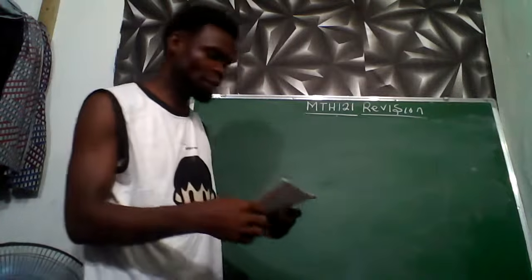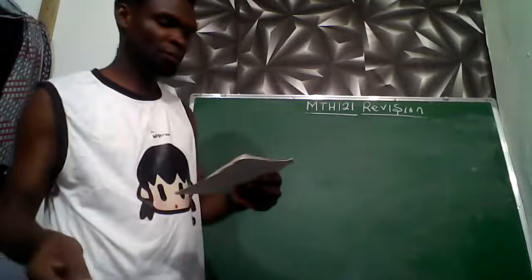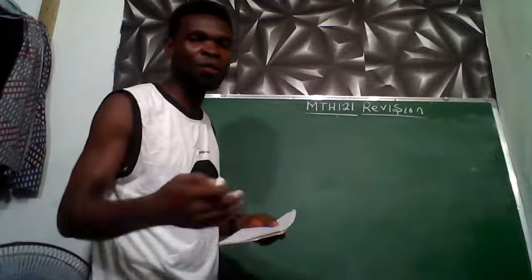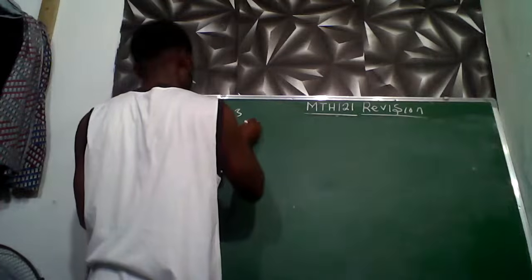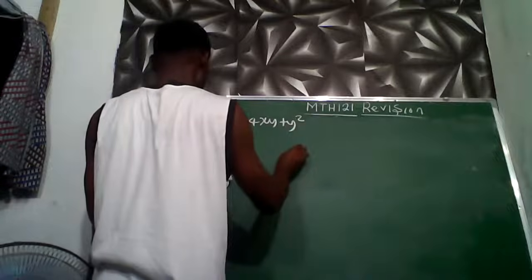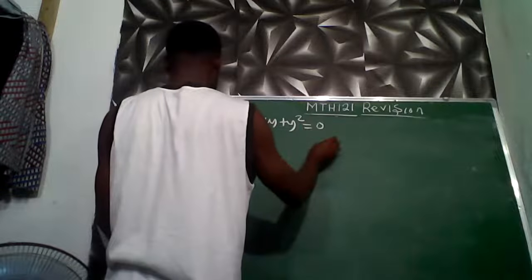The question says, find the gradient of the normal to the curve 4x cubed minus 4xy plus y squared is equal to 0 at 1 comma 2.